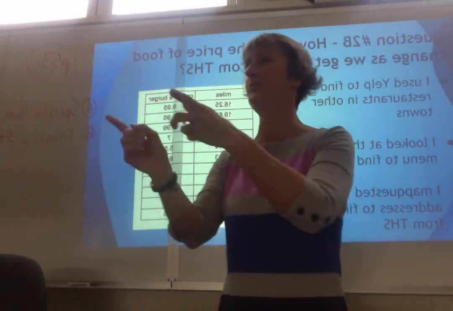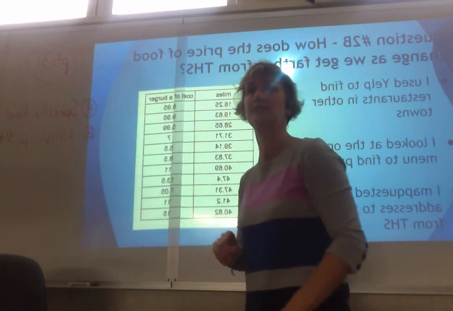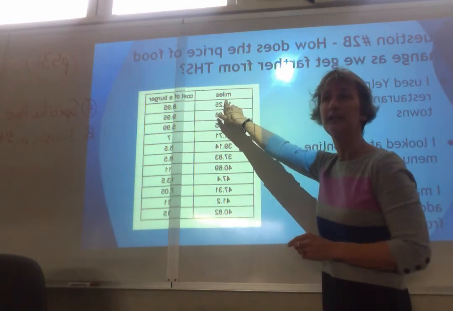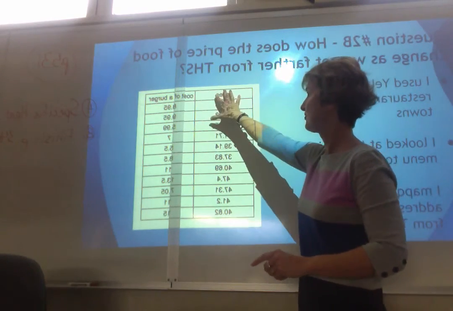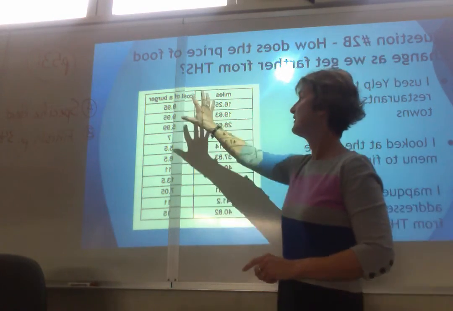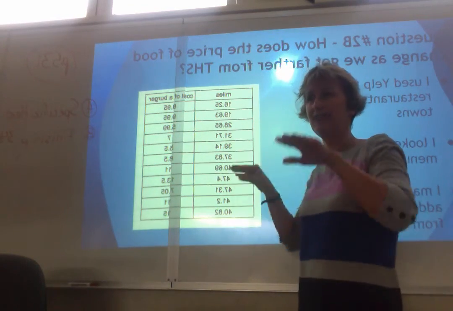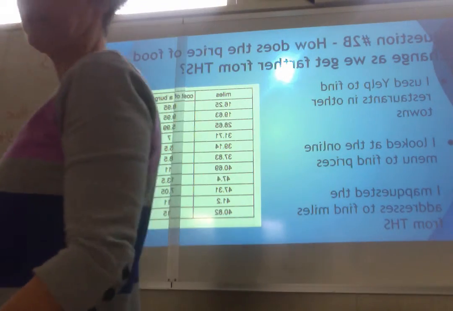I said, oh, this place has burgers, what does it cost? This place has burgers, what does it cost? I also had to look at where they are located, and I MapQuested the miles. All right? So the second question, we're going to do the kinds of things we're doing right now, and they have to have 2 variables that you think might have something to do with each other.